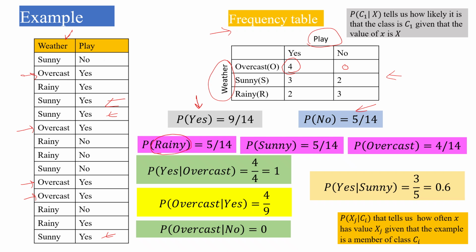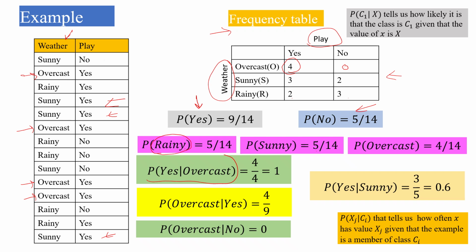So the probability of occurrence of rainy is how much? 2 and 3, 5. We can take a count. For a single feature, these values come out much more simply. So we gave this example. In some future videos, we'll take more than one feature and work out the example. So the probability for the rainy value of weather and for sunny and overcast are also given.